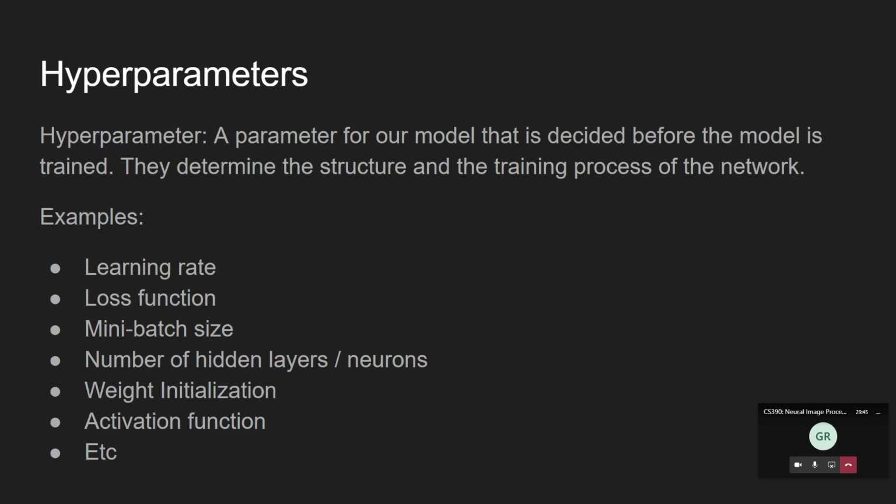And we have a lot of examples of these right here. We have the learning rate as a hyperparameter. The loss function is itself kind of a hyperparameter. Mini batch size, we'll talk more about mini batches in a bit. Number of hidden layers or neurons, just the architecture of the network. How we initialize the weights, because we've just been saying, okay, we randomly initialize.